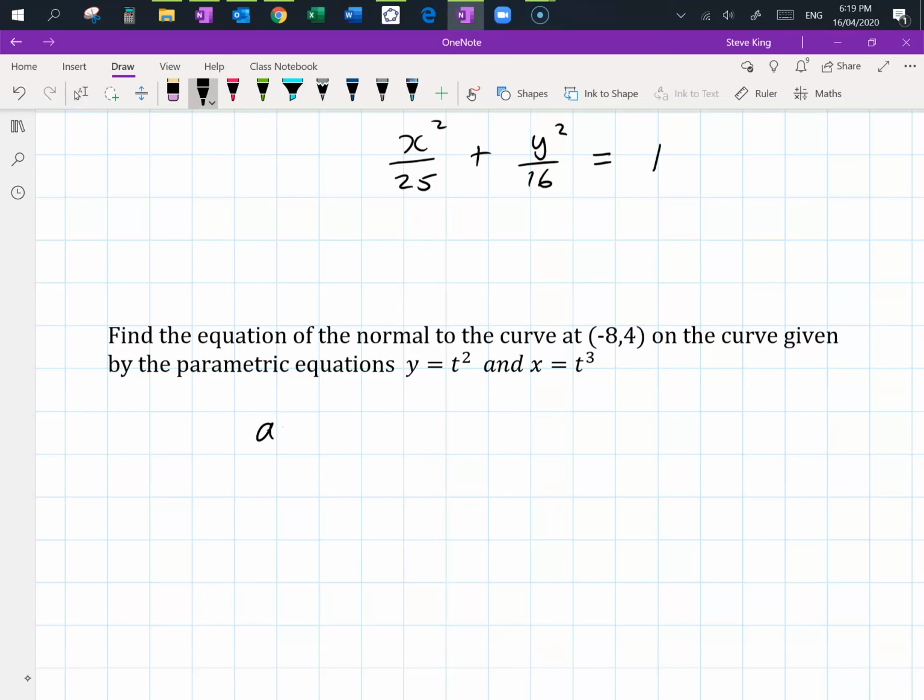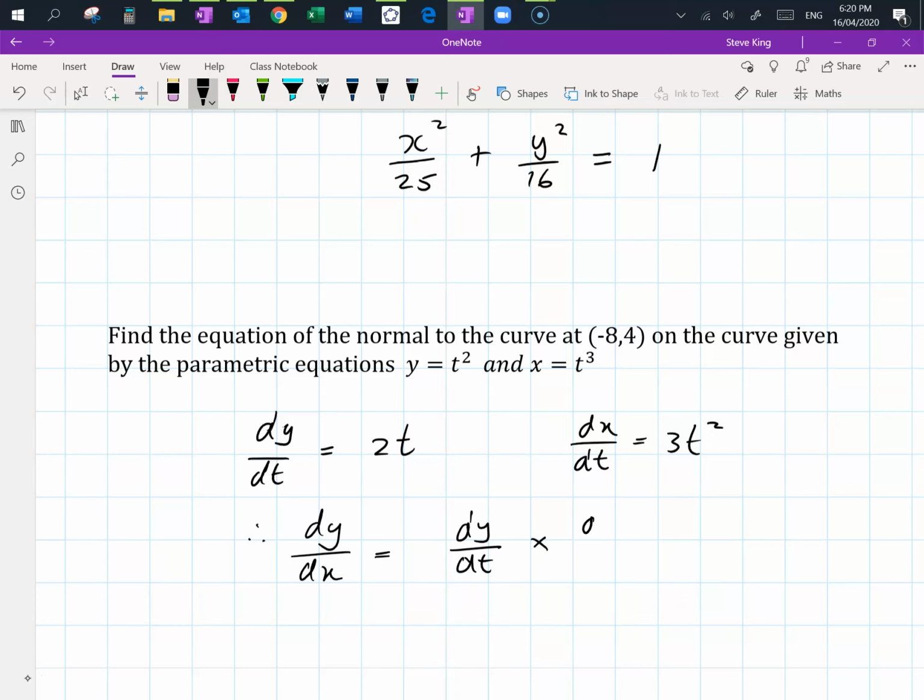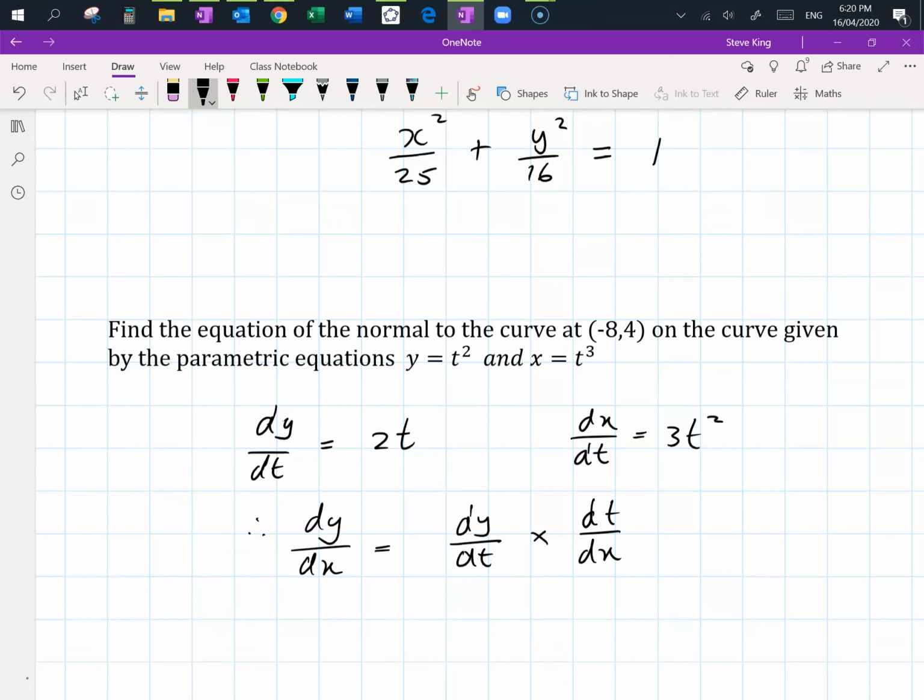At this stage I can find dy/dt, that's going to give me 2t, and I can find dx/dt, that's going to give me 3t squared. And so if I combine these two, dy/dx is going to be dy/dt times dt/dx.